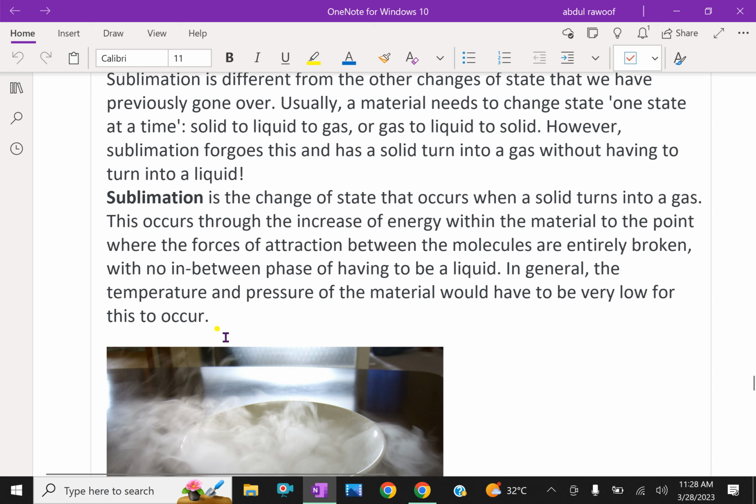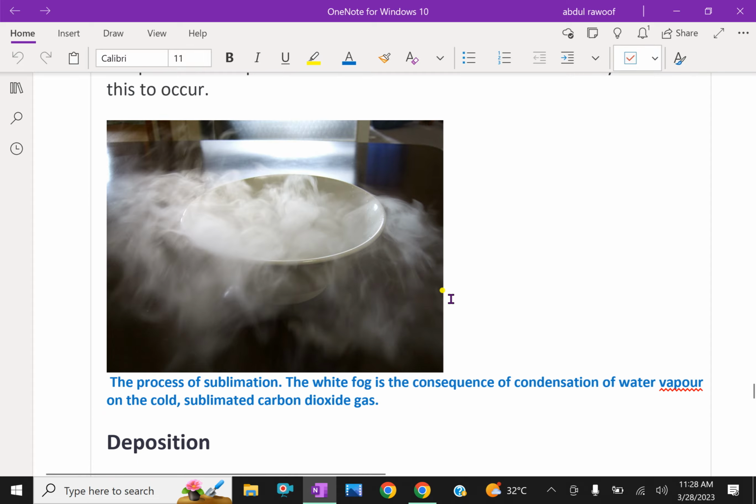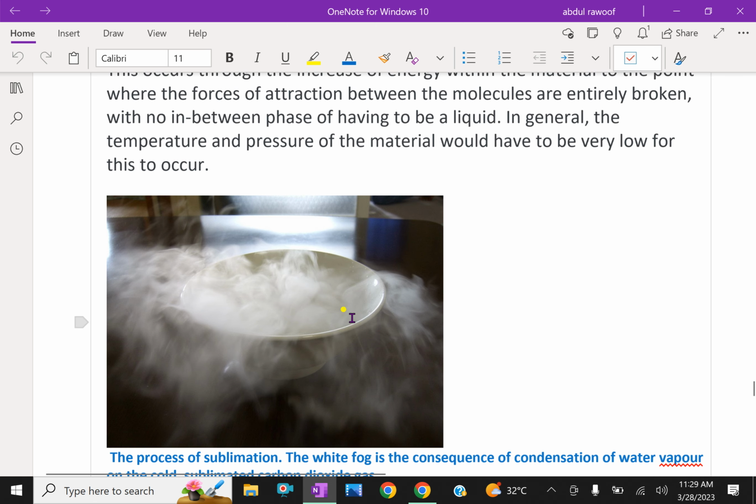In general, the temperature and pressure of the material would have to be very low for this to occur. In the process of sublimation, white fog is the consequence of condensation of water vapor in the cold, sublimated carbon dioxide gas. One more example of sublimation is naphthalene balls.